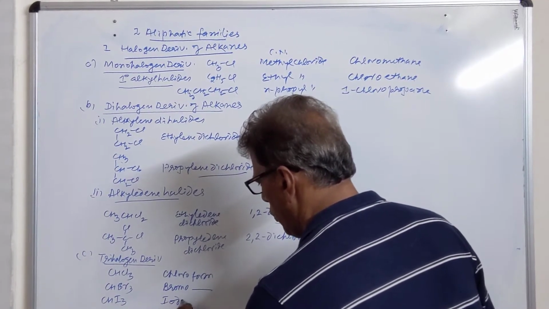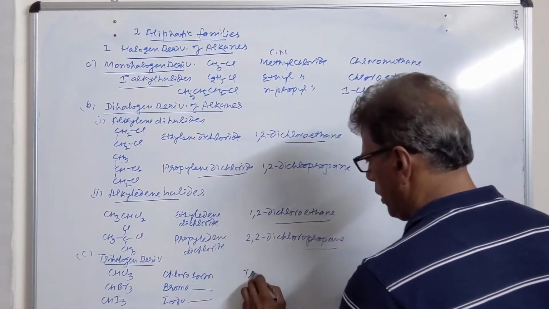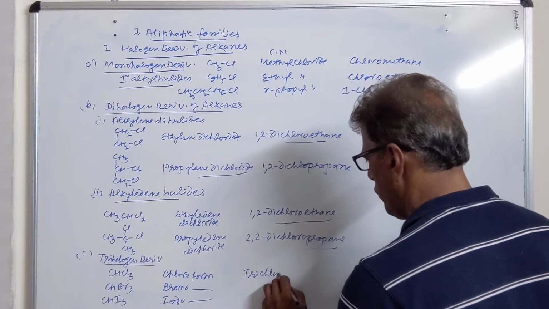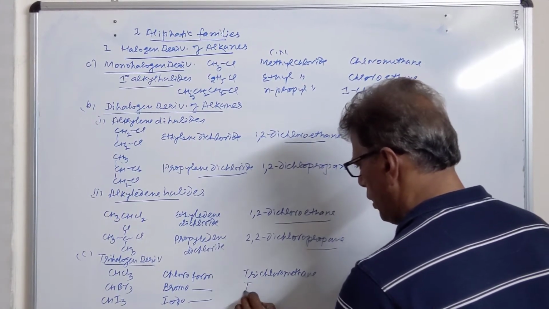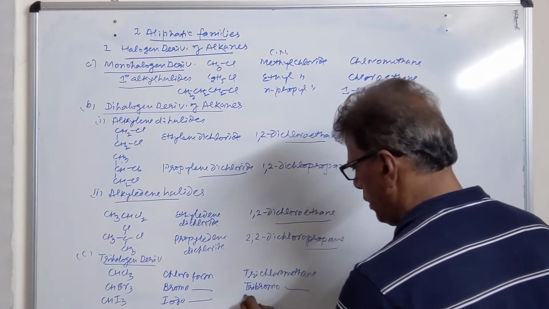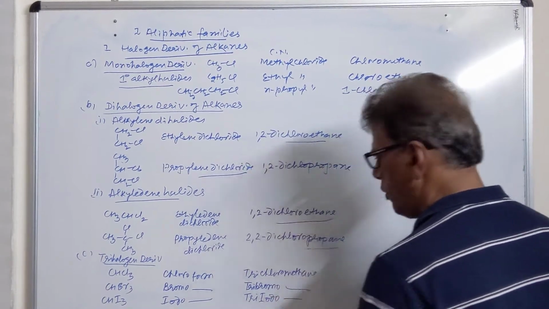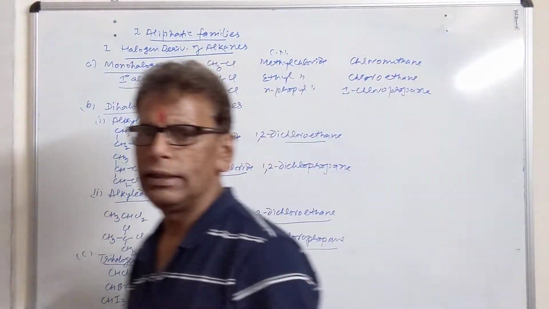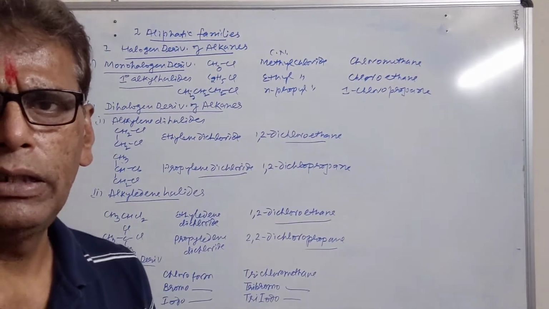This is iodoform. IUPAC names: trichloromethane, tribromomethane, triiodomethane. So these are the trihalogen derivatives of alkanes.